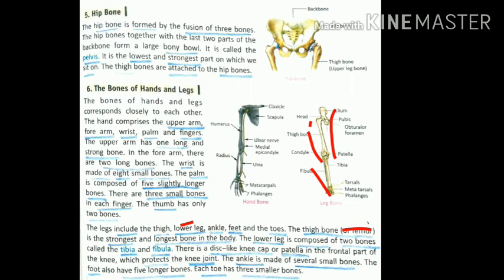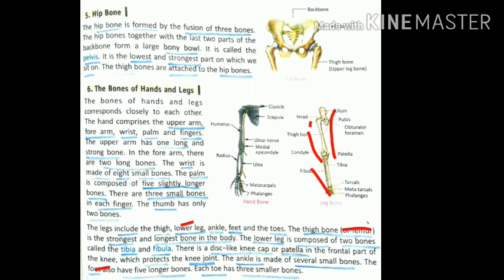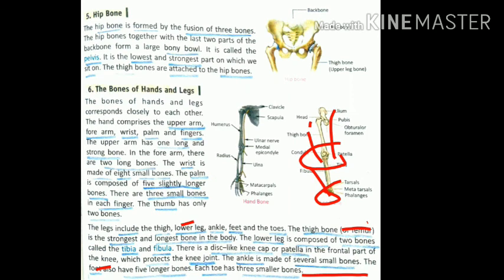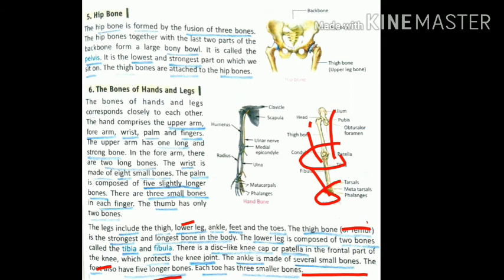This is a disc-like kneecap, or patella, in the front part of the knee, which protects the knee joint here. The ankle, where girls wear the anklet, has several bones, and the foot also has 5 longer bones, and each toe, the finger of our feet, has 3 smaller bones.